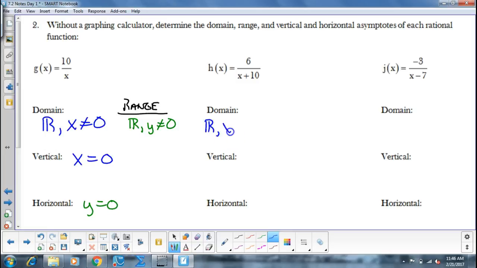X can't equal -10. Luke, range. All real numbers except y can't equal 0. Vertical asymptote, David. X equals -10. Erica, horizontal asymptote. Y equals 0.